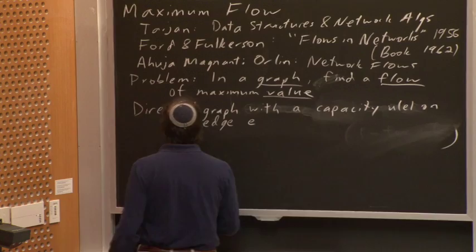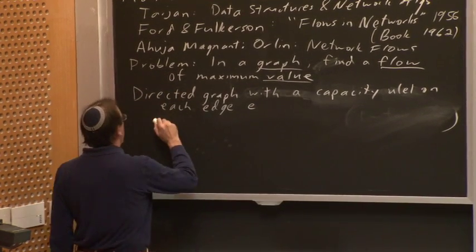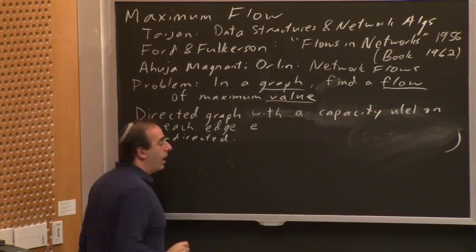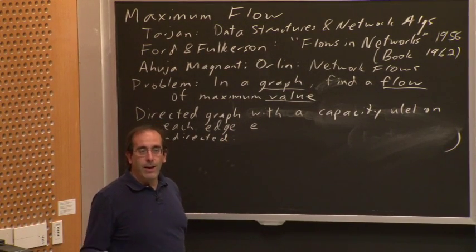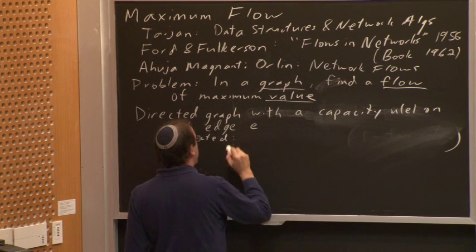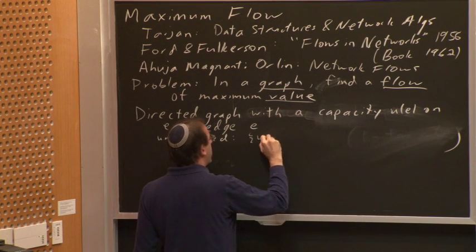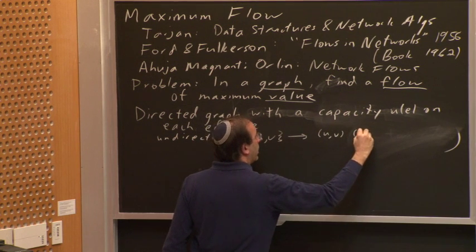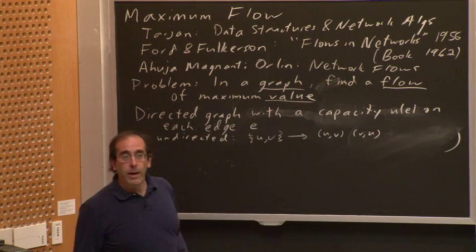Now, as special cases to that general notion of a directed graph, we may sometimes talk about undirected graphs. But you can always think of an undirected graph as a directed graph, right, where you just sort of replace the undirected edge uv by a pair of edges uv and vu that go both ways.